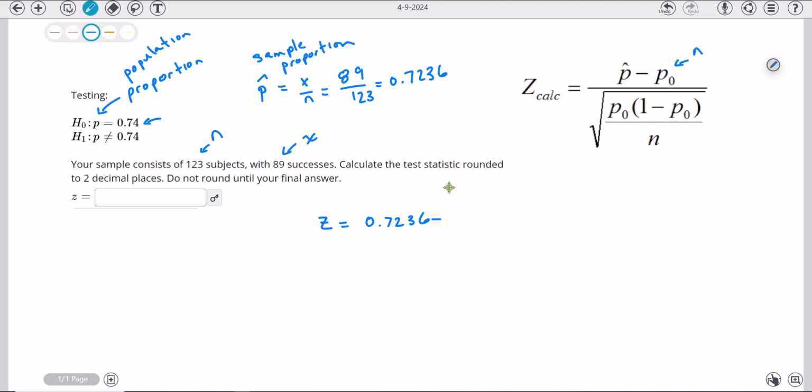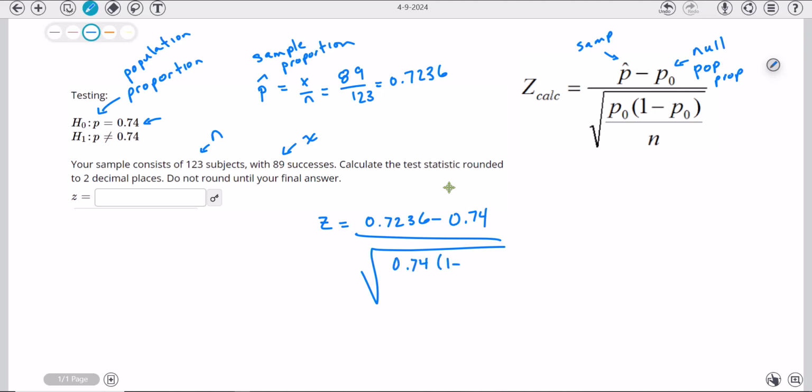So this is the null population proportion, and then this of course is the sample, and so 0.74, divided by the square root of 0.74 times 1 minus 0.74 all over the sample size, 123, and I throw that into a calculator and rounded to 2 decimals, I get this value.